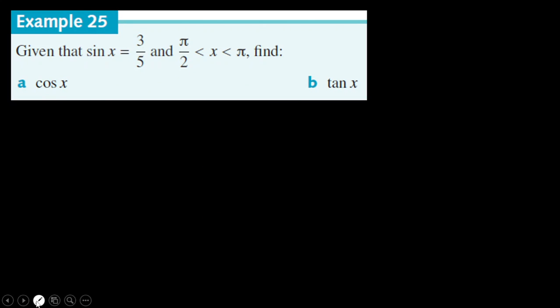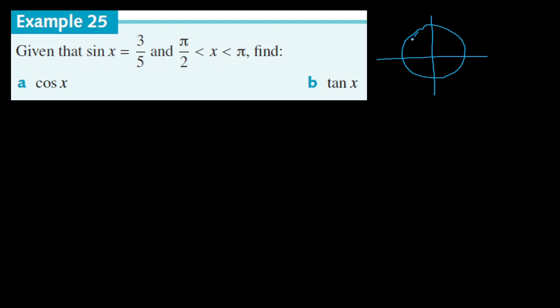So here I'm going to use a pen. Look at that question. Sine of x is equal to 3 over 5, and what you have is the angle value x, or the angle, which is your theta. Sometimes they change the variable. It is between pi on 2 and pi. I always like to have my unit circle.